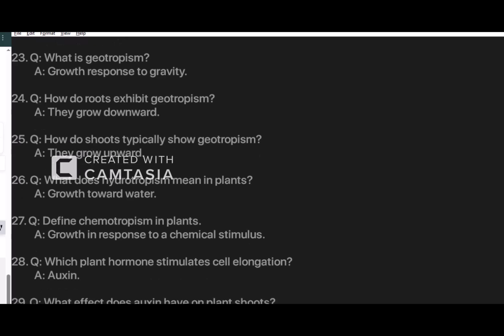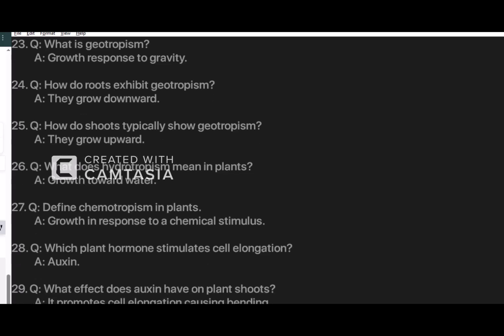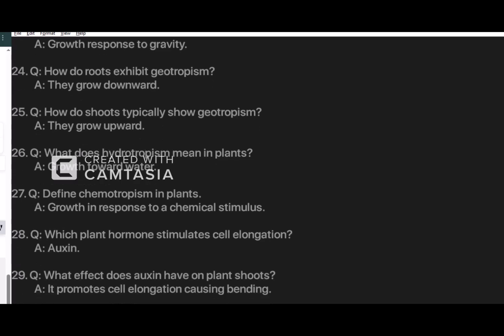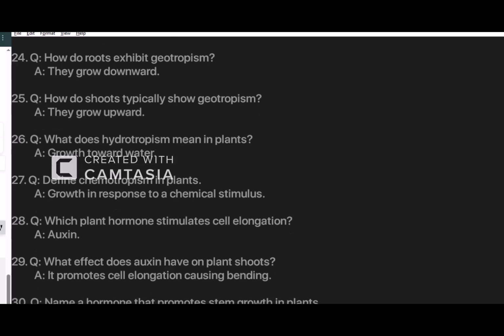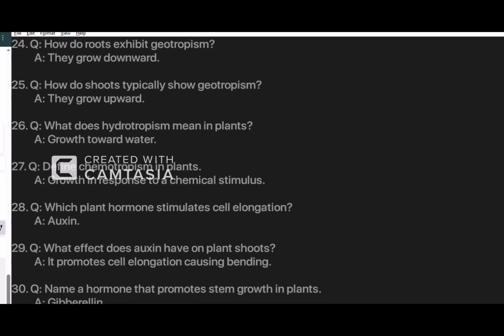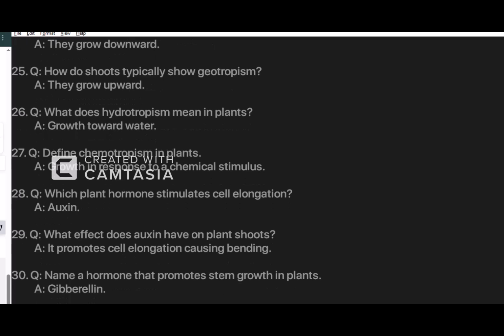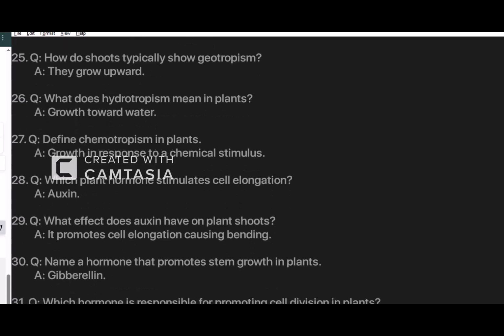28. Q. Which plant hormone stimulates cell elongation? A. Auxin. 29. Q. What effect does auxin have on plant shoots? A. It promotes cell elongation causing bending. 30. Q. Name a hormone that promotes stem growth in plants.